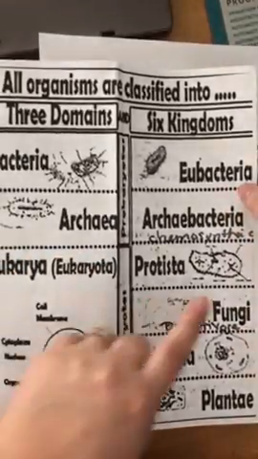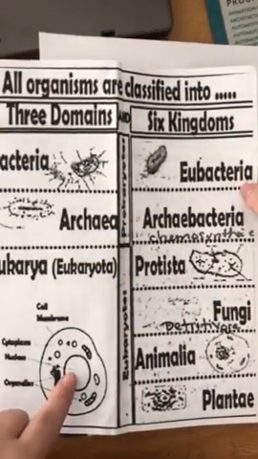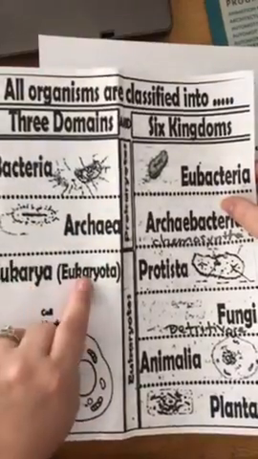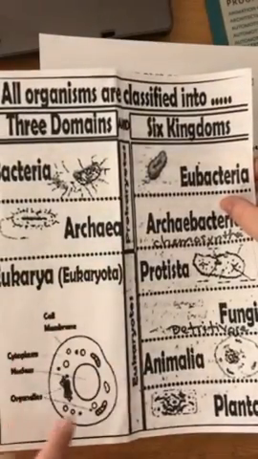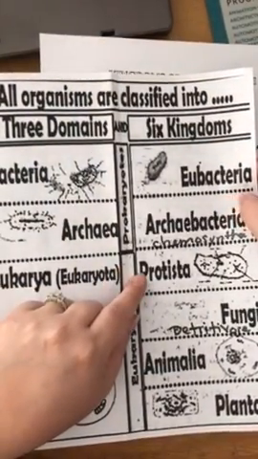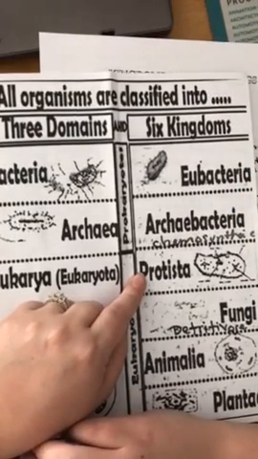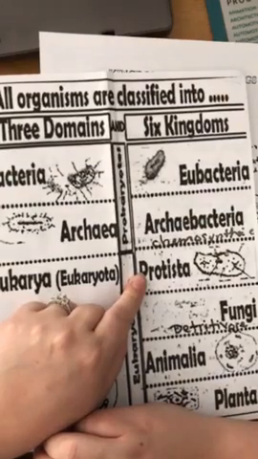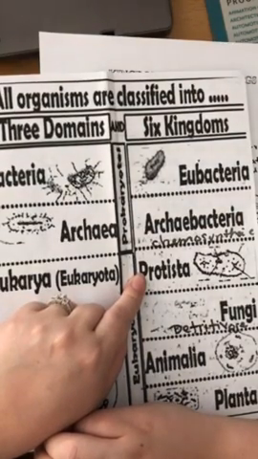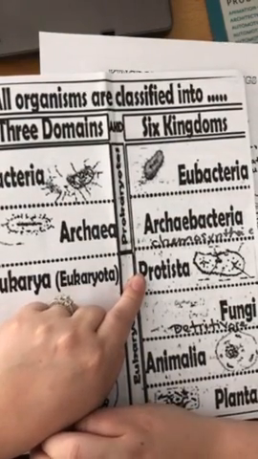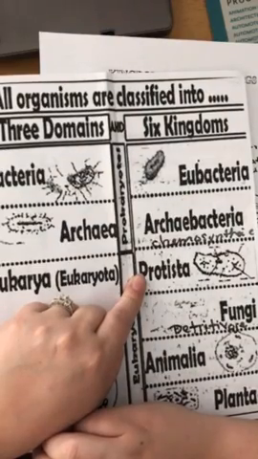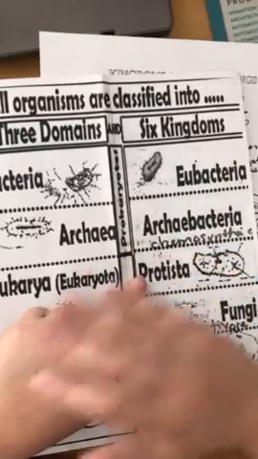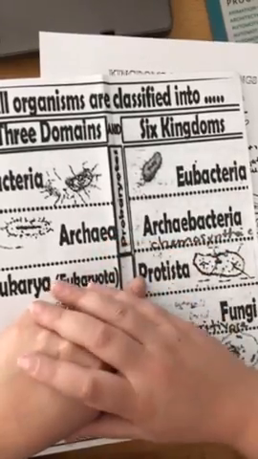And because protists have a nucleus, they're not considered bacteria. They're considered eukaryotic. They're in the eukarya domain. They can be found in moist environments like ponds and rivers, and they don't make their own food. They're not photosynthetic, except algae. There's always an exception. But they get their food by absorbing nutrients from their environment.